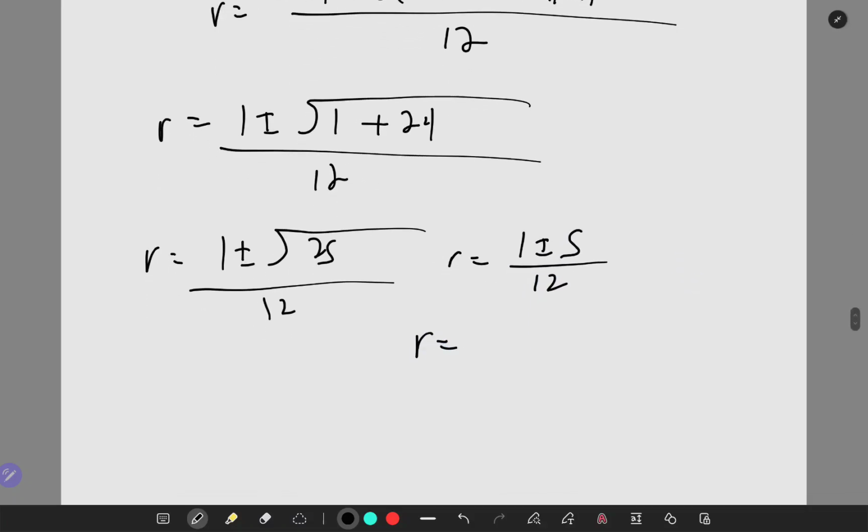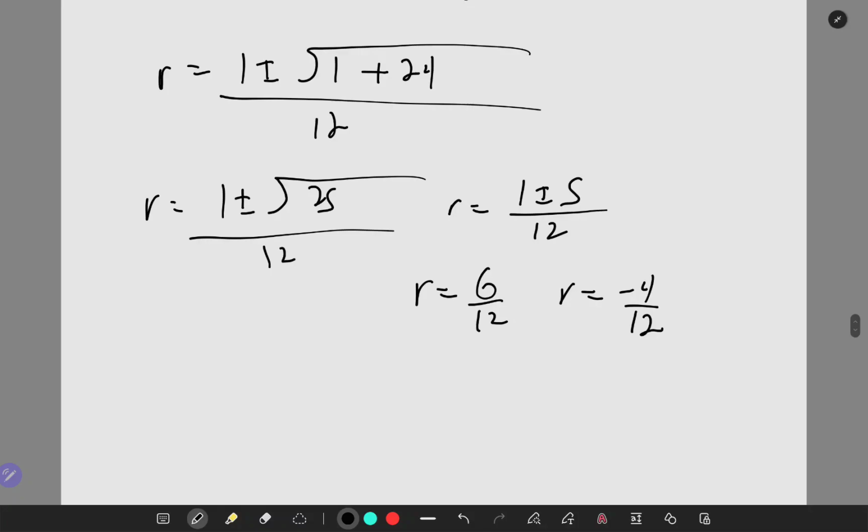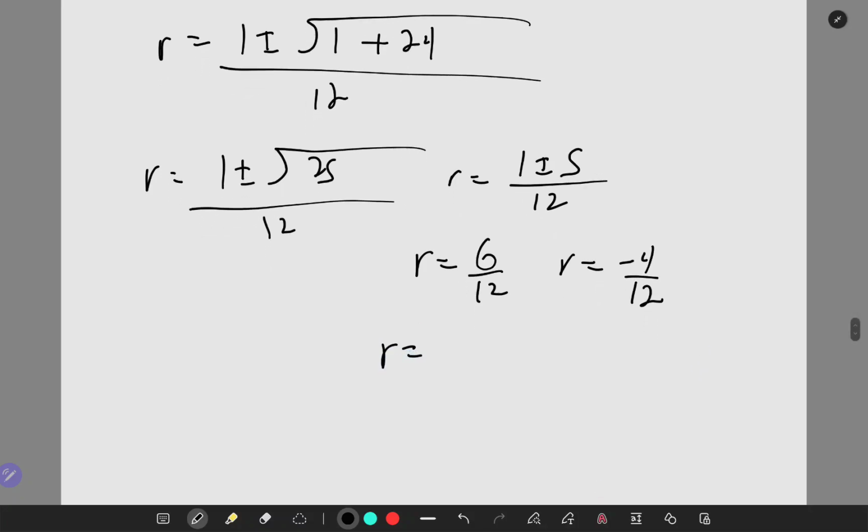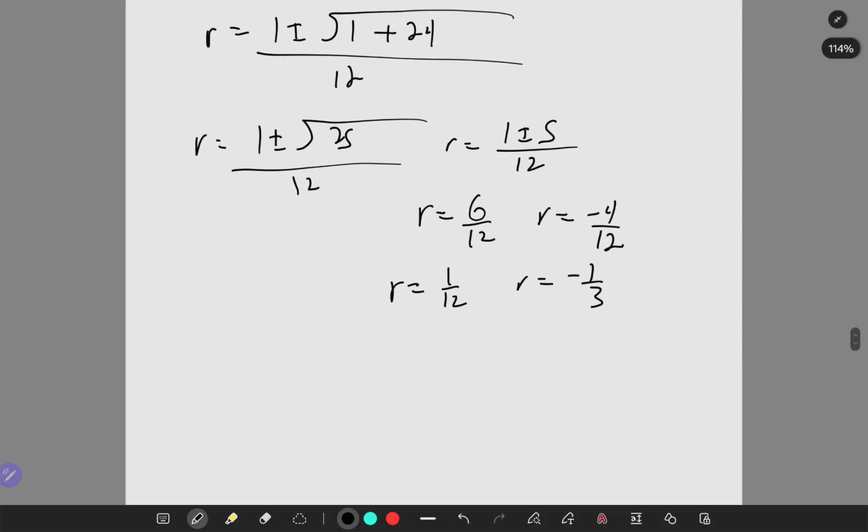So r is either 6 over 12 or 1 minus 5, that's negative 4 over 12. So that leaves us with r being either 1/2 or negative 1/3.